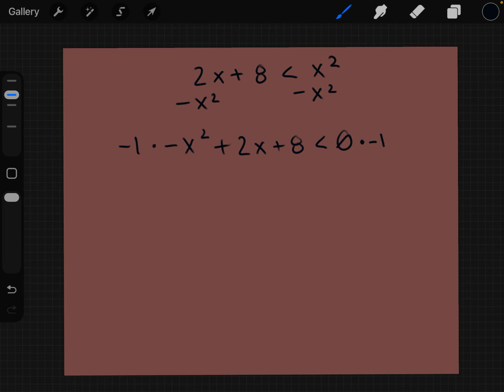So we multiply each side by -1. And when you multiply or divide an inequality by a negative, the sign flips. So now we've got what adds to -2 and multiplies to -8.